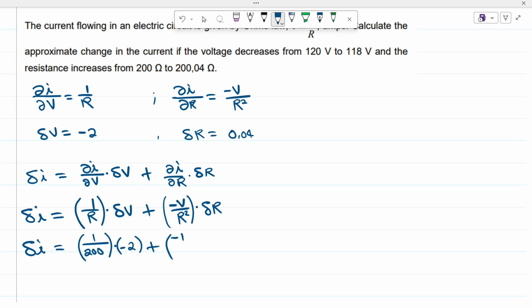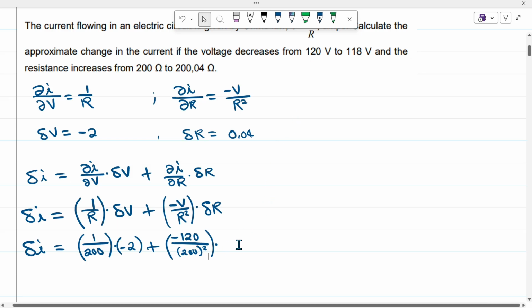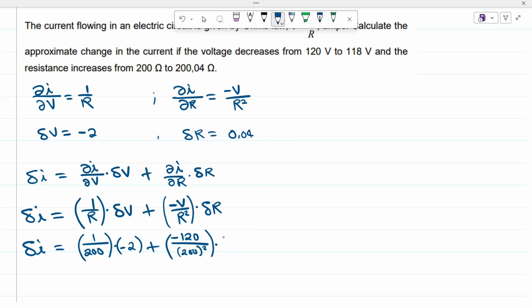So this is going to be -120 divided by our R squared, which is just 200 squared, multiplied by change in R. Our change in resistance, we have already discussed, is 0.04.